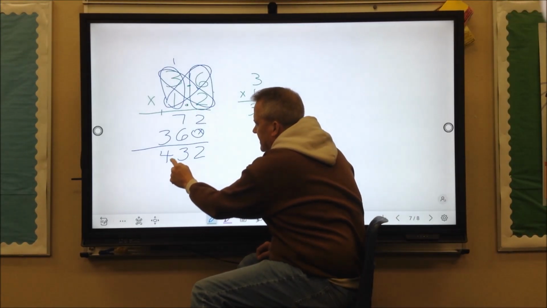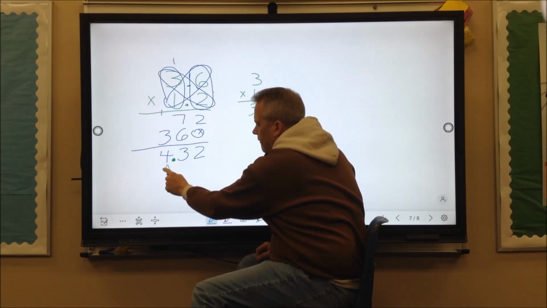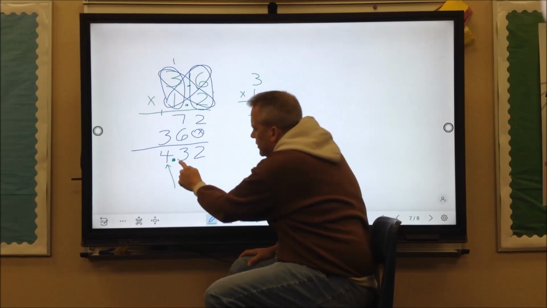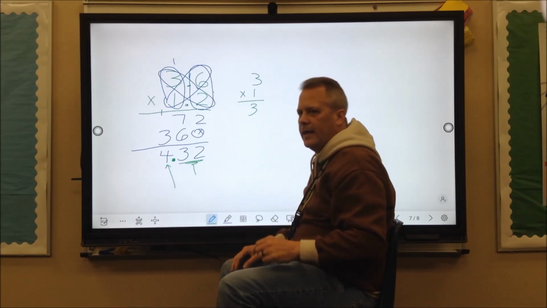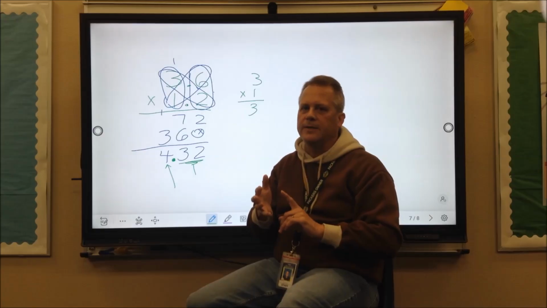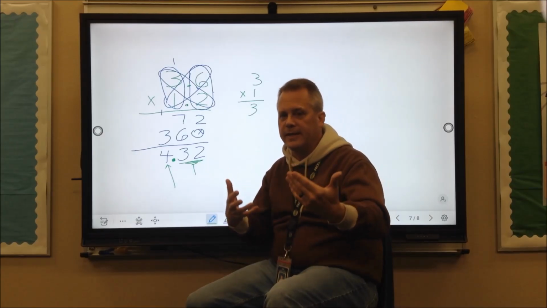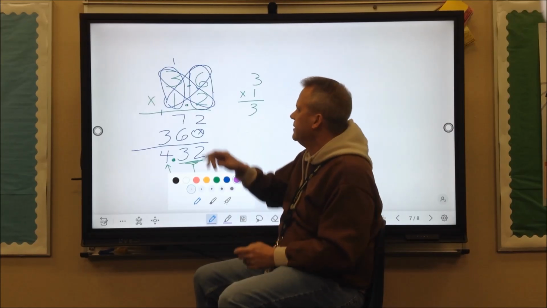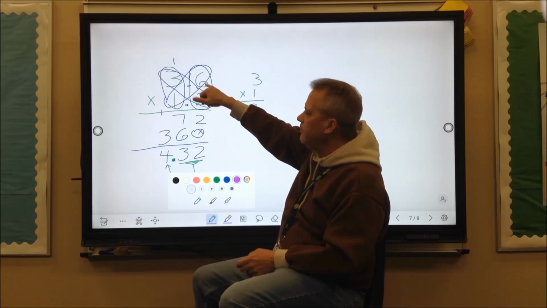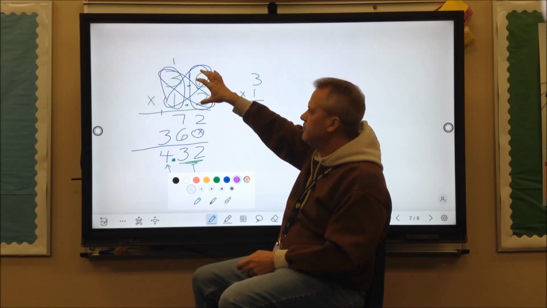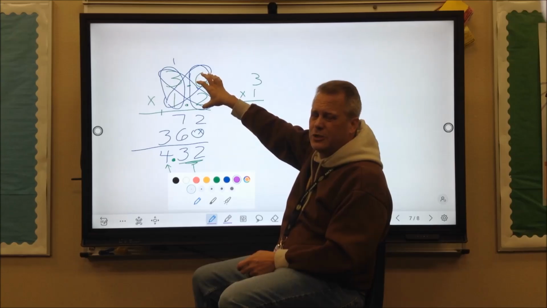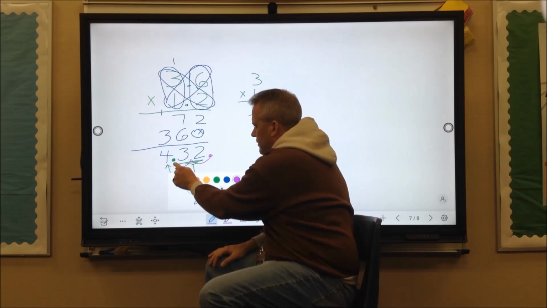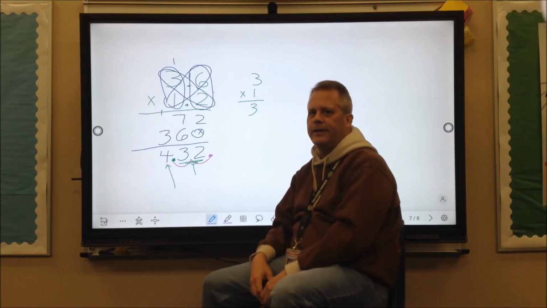So if I place the decimal here, 4 is close to 3. 32 hundredths is what I was going for, because a 10th times a 10th is 100th. And then if your teacher decides to do that little shortcut with decimals, we had one number and another number after the decimal. So we had 2 digits after the decimal. So they would go like this, 2 spaces to the left, and there it is.